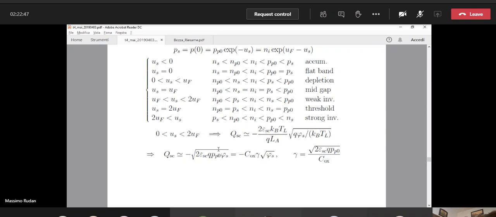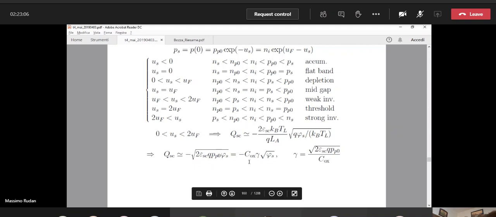So we extract the square root of phi S, and then we are left with the constants that are the square root, it is visible here, of 2 permittivity Q PP0.